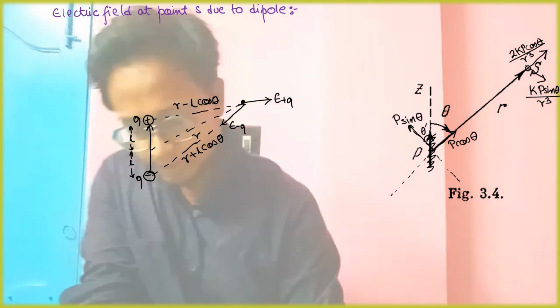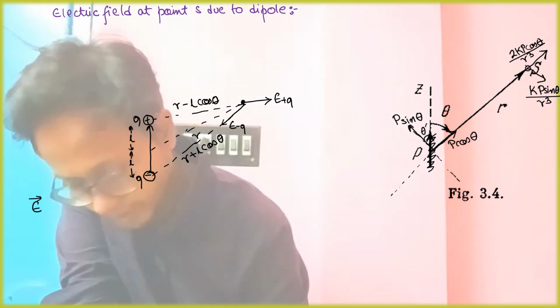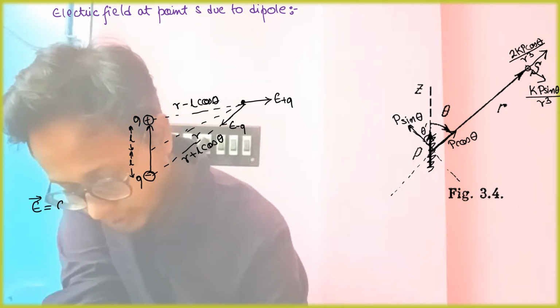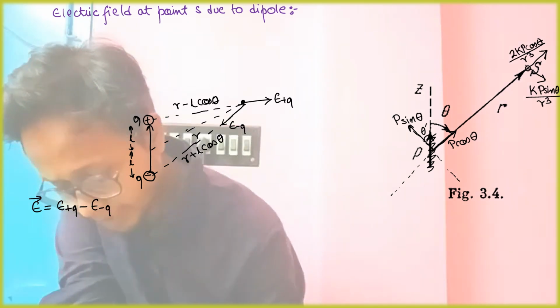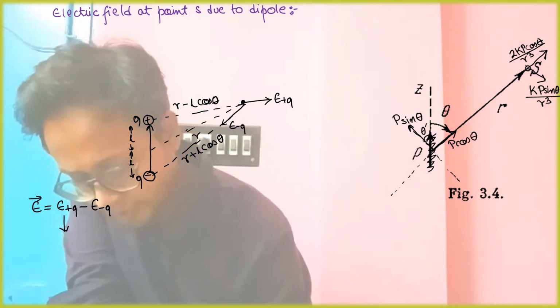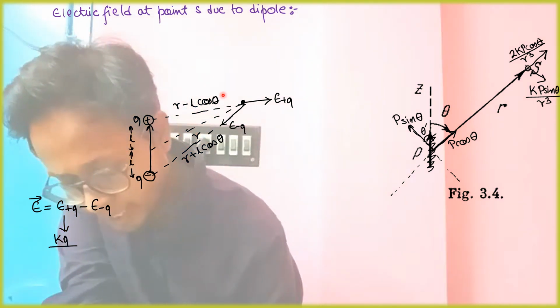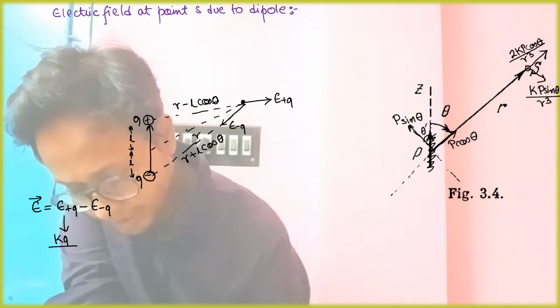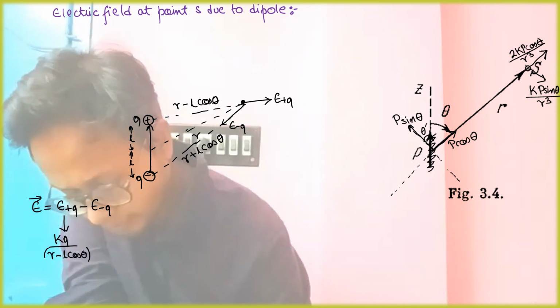So if I assume that, the total electric field at point S is equal to the electric field due to plus Q minus the electric field due to minus Q. What is the electric field due to plus Q by Coulomb's law? KQ by R square, where the distance is R minus L cos theta, whole square.